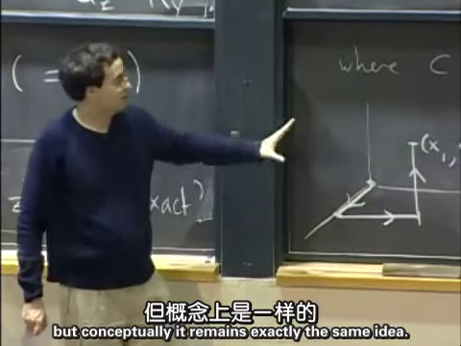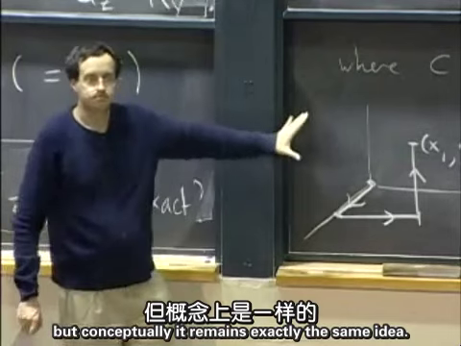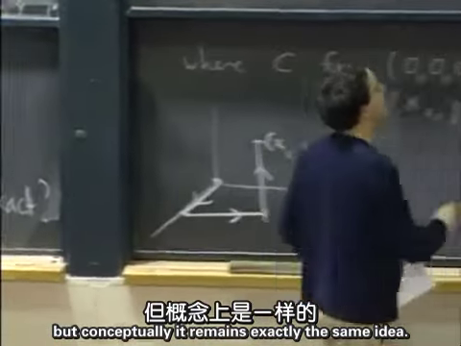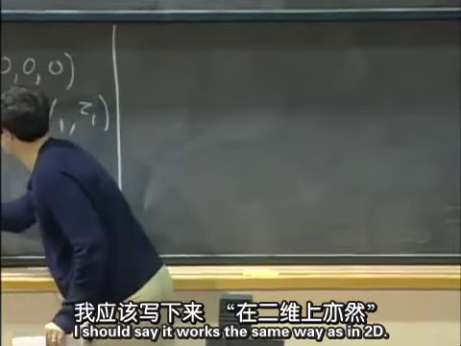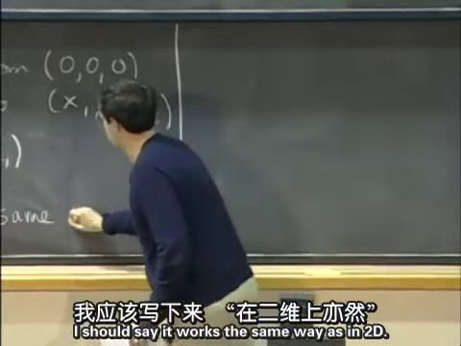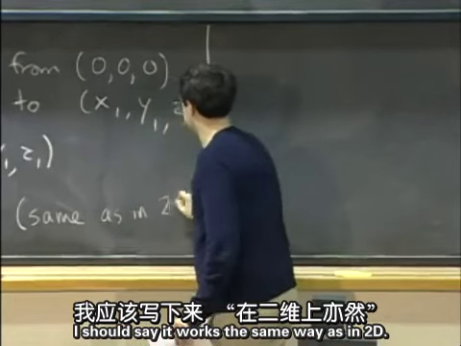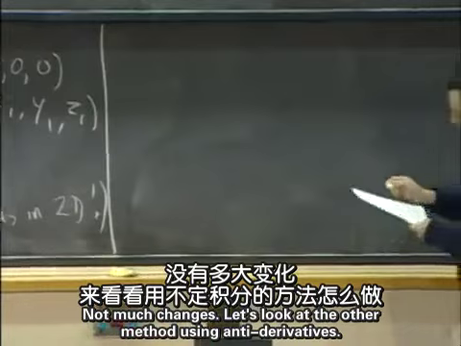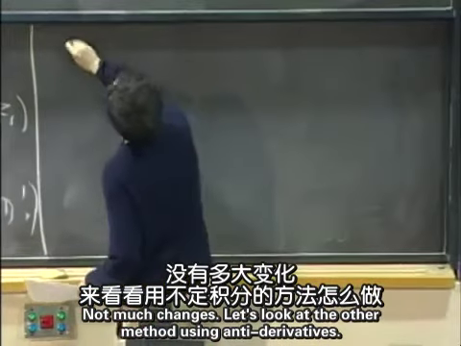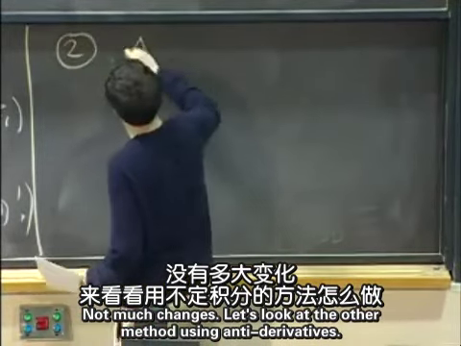But conceptually, it remains exactly the same idea. So I should say it works the same way as in 2D. Not much changes. Okay, so let's look at the other method using antiderivatives.